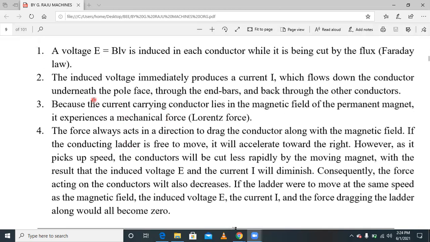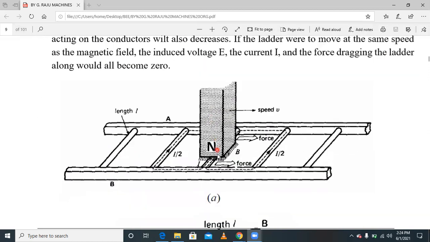Then, second point: the induced voltage immediately produces a current I, which flows down the conductor underneath the pole face, through the end bars, and back through the other conductors like this.